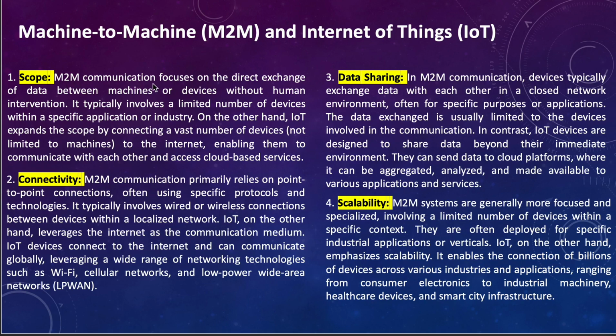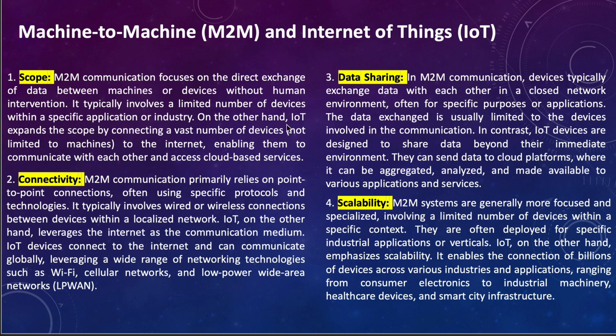M2M communication focuses on the direct exchange of data between machines or devices without human intervention. It typically involves a limited number of devices within a specific application or industry.